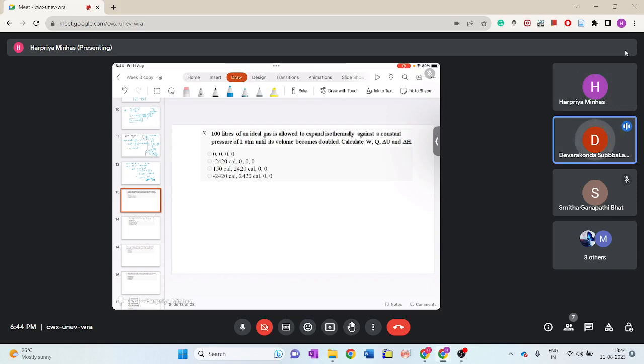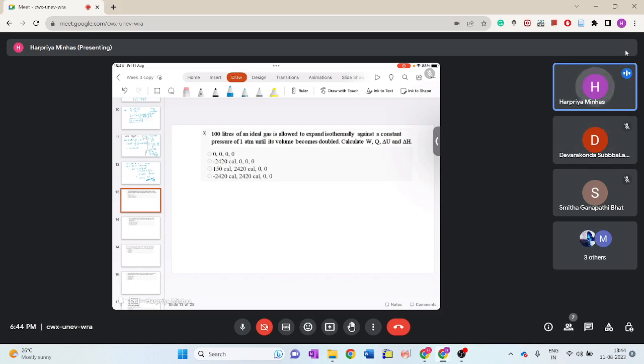Delta E is equal to delta H is equal to 0. Both are 0, because in an isothermal process delta E is equal to 0, so therefore delta H also becomes 0. So the option is D.